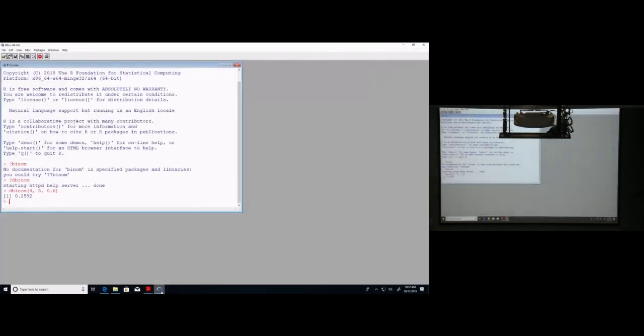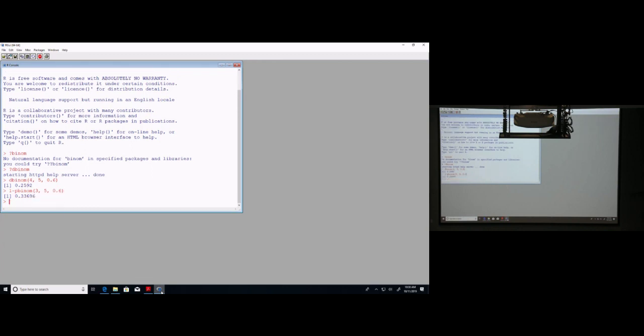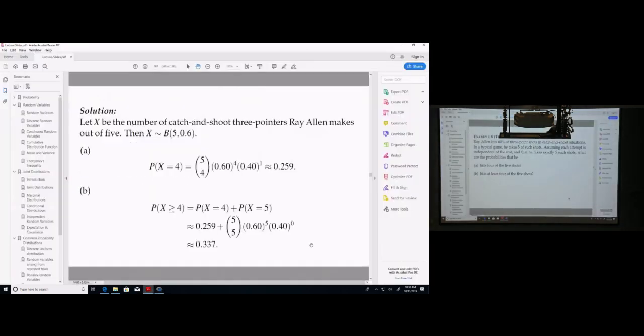So that means he hits 4 out of the 5, so that is bigger than or equal to 4, but R only computes the cumulative probability from the left. So that would be 1 minus pbinom. You want 4, so on that side would be 3 or less, out of 5, and then 0.6. So I think this is it. This is about 34%. All right, so let's see whether, yeah, okay, so I get it.